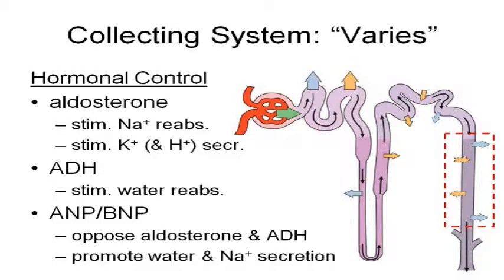One of the problems with having a low pH or an acidosis is your kidneys start pumping out hydrogen because they're trying to raise your pH back up, and all of a sudden your potassium starts to go up. So hydrogen balance and potassium balance are linked. ADH stimulates water reabsorption, and of course the natriuretic peptides, atrial and brain natriuretic peptide, do the opposite.